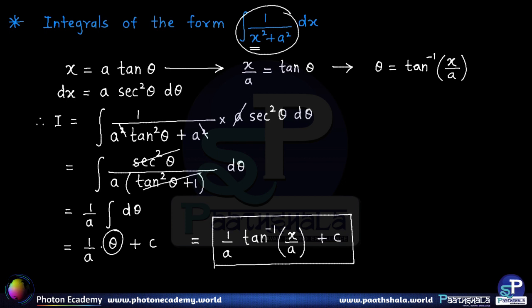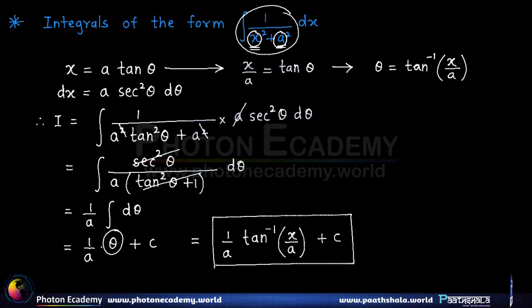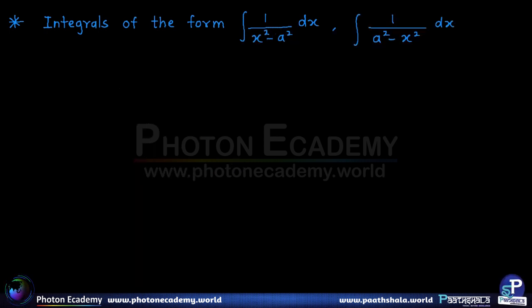So to remember this form, what we have to really understand is that it is having a variable term square plus some constant square. Alright, now let's go ahead and see the other variety, that is the integrals of the form 1 upon x square minus a square, or 1 upon a square minus x square.